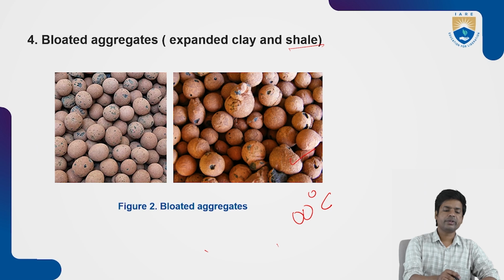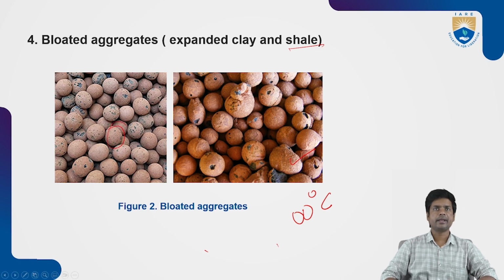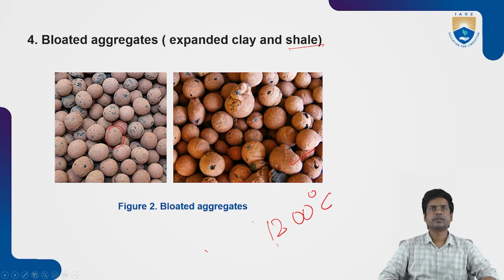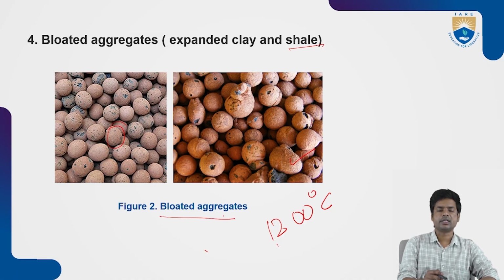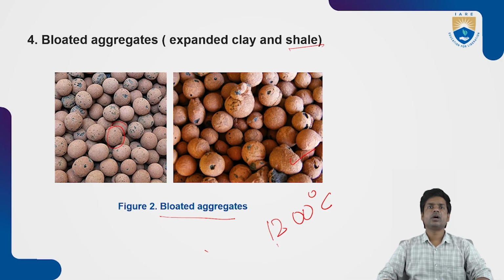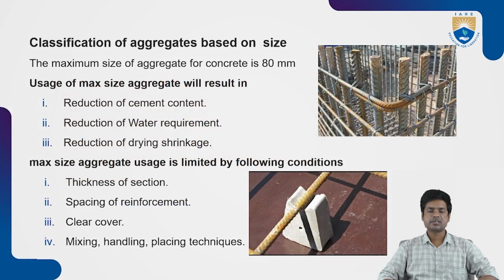Then we get these round particles, and these will be used as aggregates in the concrete, and these are called bloated aggregates. Bloated clay aggregates have very light weight, and the density is also very less.